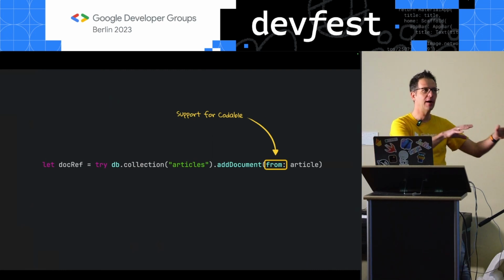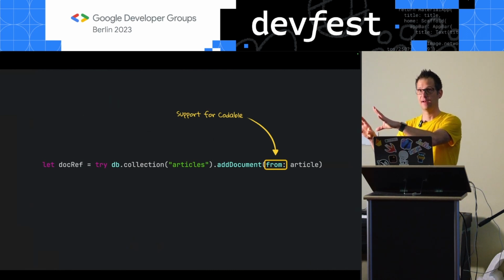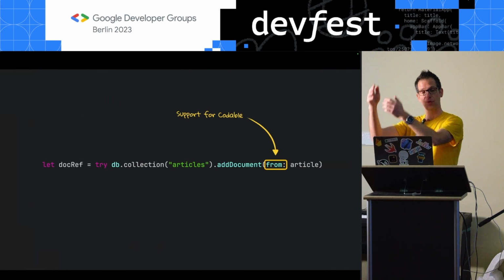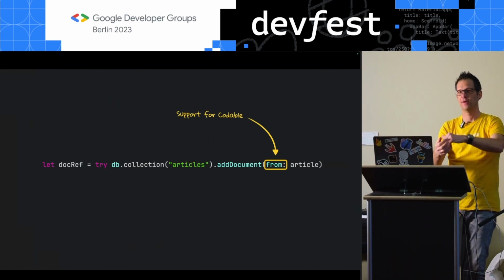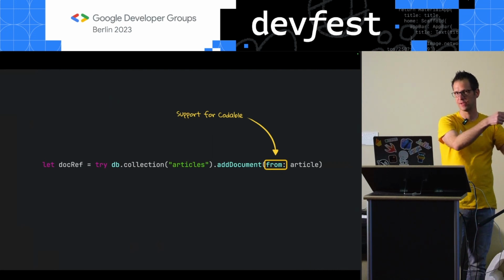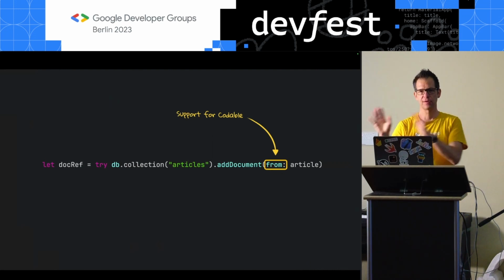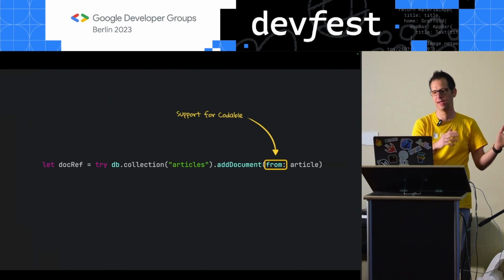In the past, you would have to go in and say, okay, I have a data class, which is a Swift type, and I need to go over all the attributes. I need to map them to JSON or into a dictionary and then pass the dictionary into Firestore. All of that is no longer necessary. You can just take it as it is. We will do the heavy lifting for you and do the mapping.